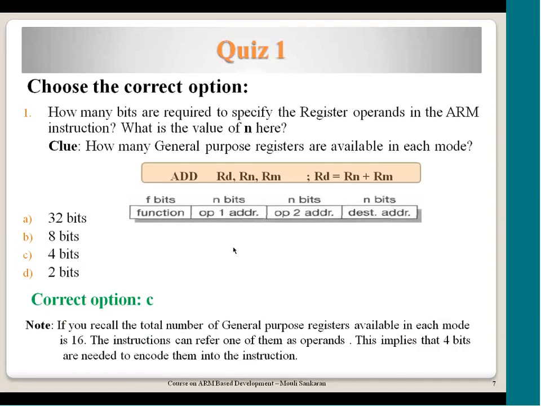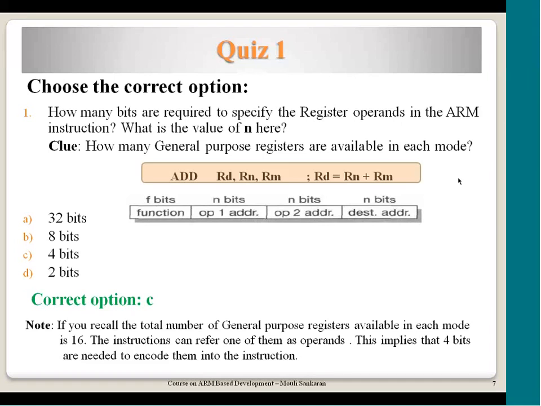Why do we need 4 bits? All of you know how many maximum numbers can be represented using 4 bits. It is 0 to 15, that is totally 16. If you recall the number of total registers in the ARM register file, overall it may be some 37 or so, but when this processor is operating in a particular mode, it is going to see only a subset of the registers which are available physically.